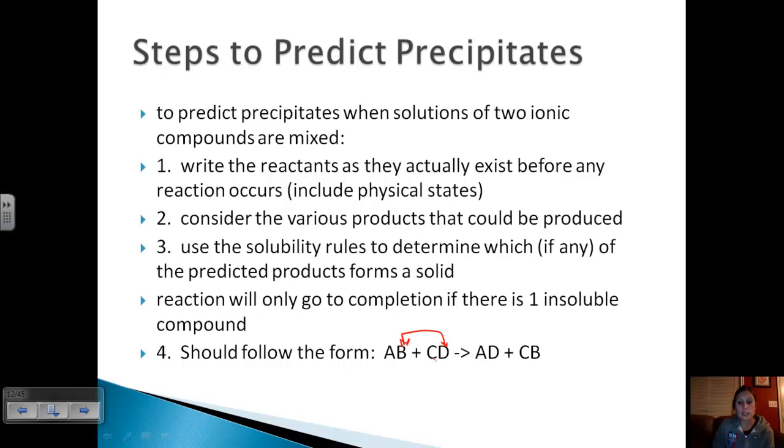Okay, so now A is going to D, and C is going with B. So that's the form it should follow. If, like we talked about, they were all aqueous, then we would write NR, which stands for no reaction. Technically, we're not going to see anything happening. We're still going to have all these ions floating around because everything is aqueous. So we're not going to form anything.